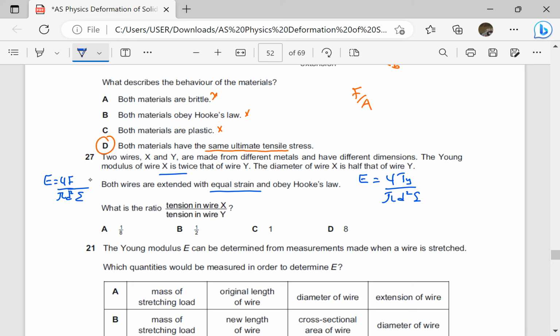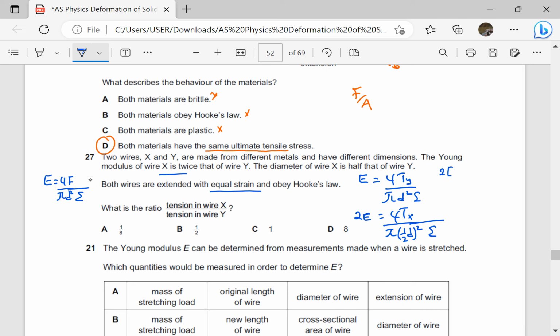Then the Young modulus of wire X is twice that of E, so I'll say 2E is equal to 4 times the tension in X divided by pi. The diameter is half, so I'll say a half D, but this is squared, then times the epsilon. So we can now divide because we want tension in X over tension in Y, so I will divide the second equation by the first one.